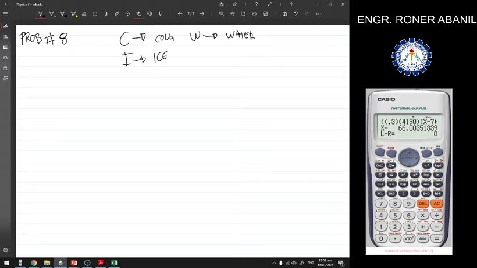Yung gagamitin natin subscript. Okay? Ang target variable natin dito is mass of ice. Ang talagang hahanapin natin dito is MI.